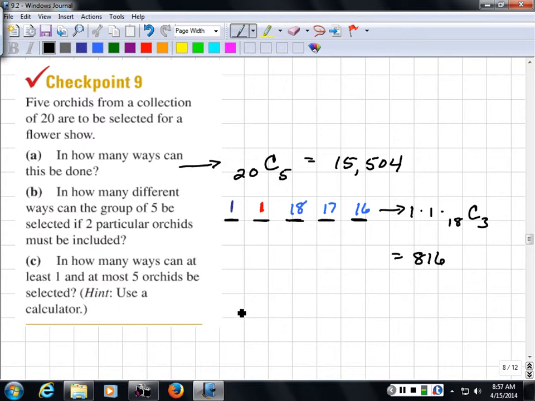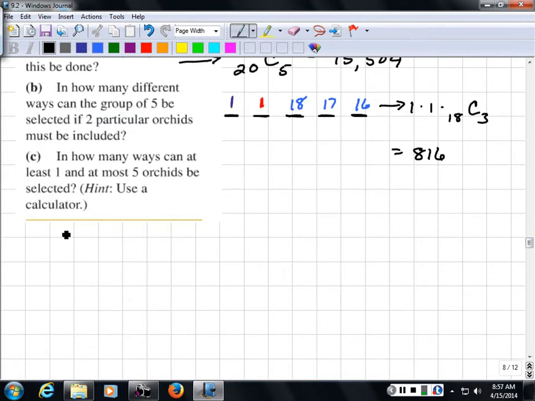Now, in how many ways can at least one and at most 5 orchids be selected? That's why they say use a calculator. Because really, what am I looking at? I'm looking at choosing 1 orchid, or 2 orchids, or 3, or 4, or 5 orchids.